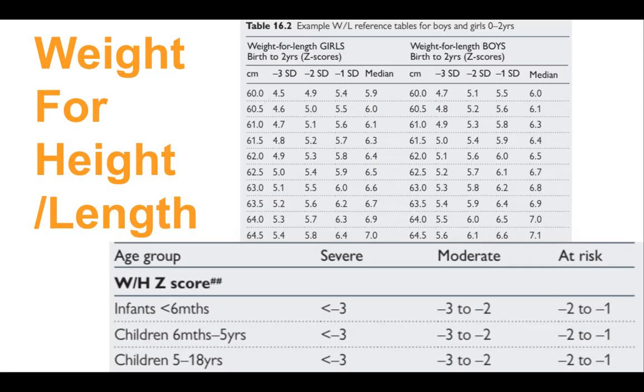So less than -3 standard deviation is severe acute malnutrition. -3 to -2 is moderate acute malnutrition, and -2 to -1, the patient is at risk for malnutrition.